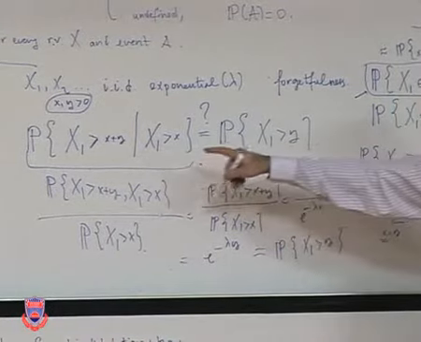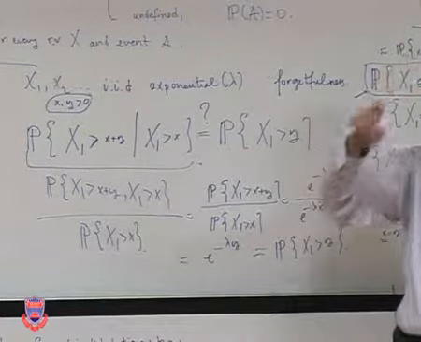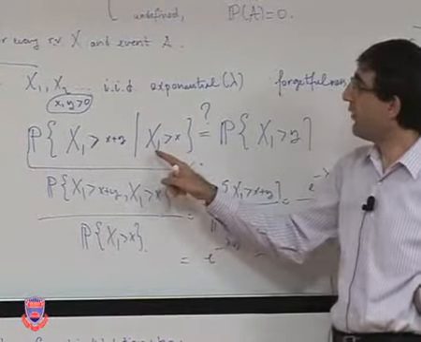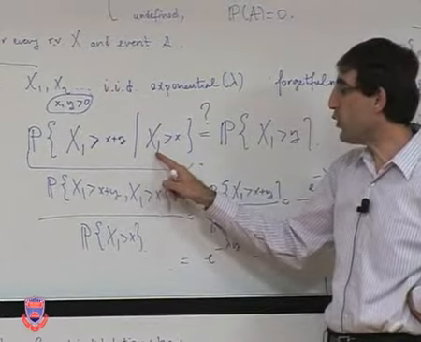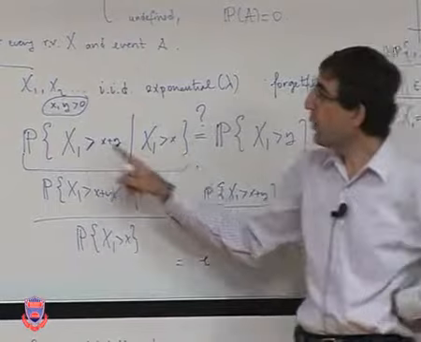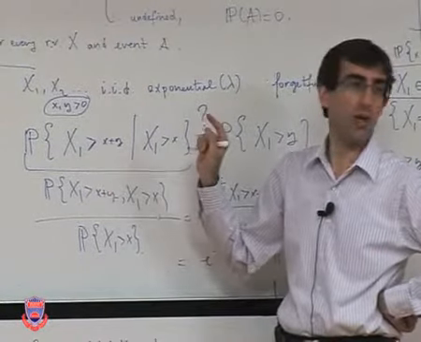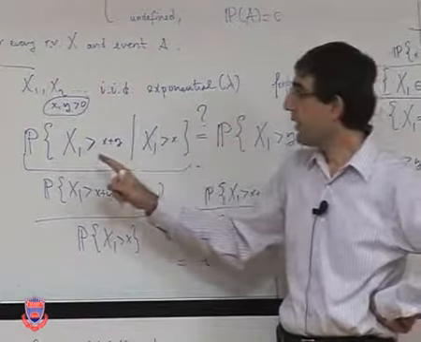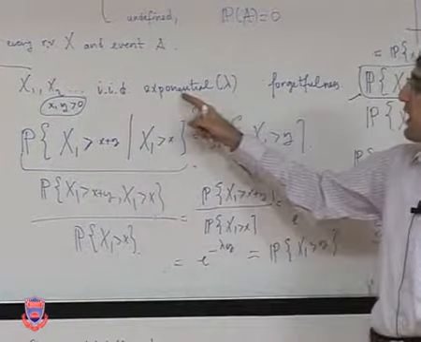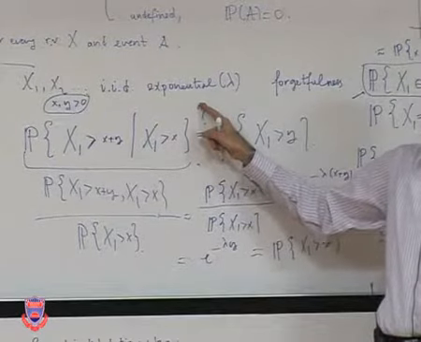This is a story told for a lamp in the ceiling. You tell the lamp, okay, you are running already for 4 hours. What is the probability that you will be around for 2 more hours? This lamp, if it has an exponentially distributed lifetime, forgets that it is already on for 4 hours.